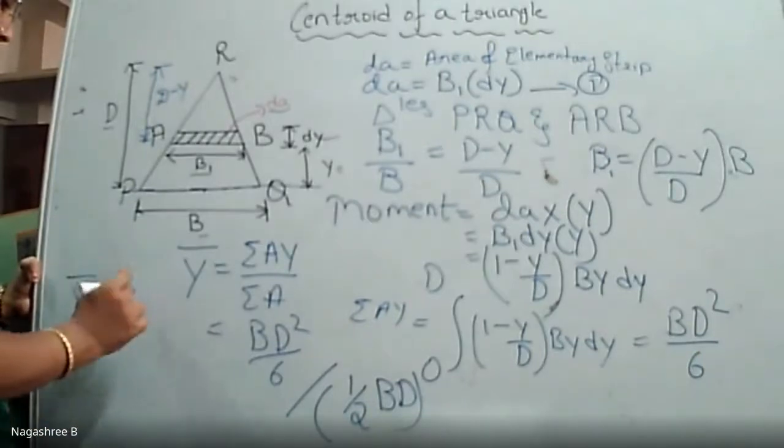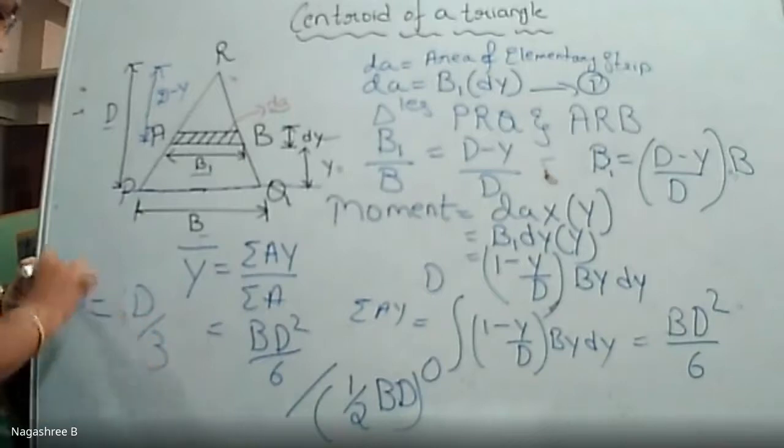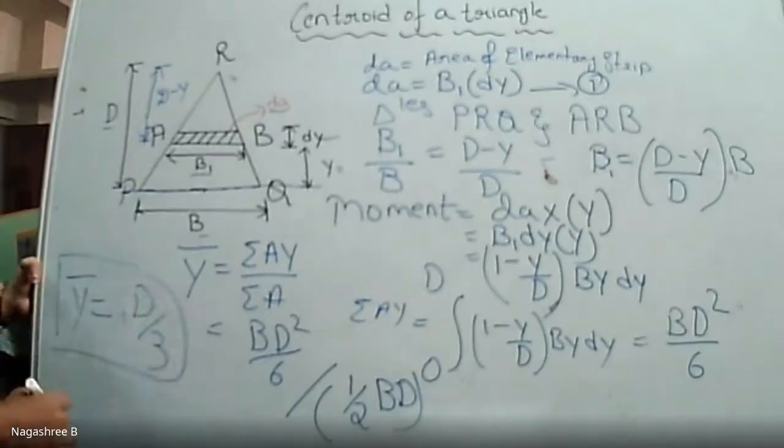This is the vertical centroidal distance with reference to the horizontal axis.